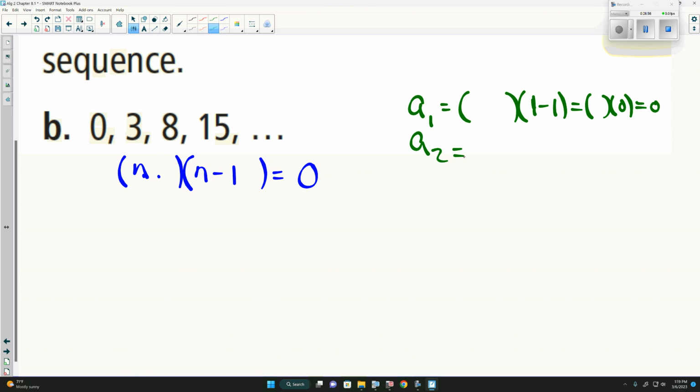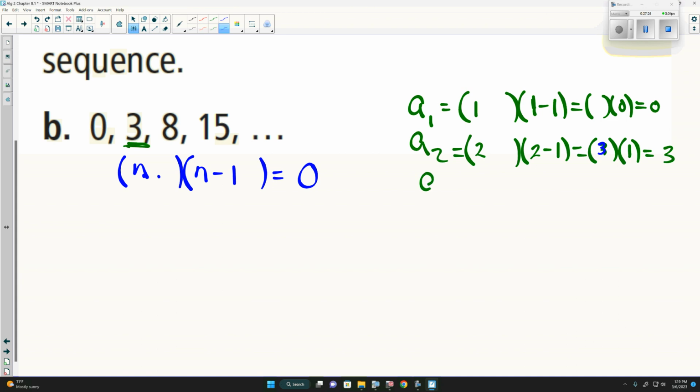It doesn't really tell us anything. But for a sub 2, we should have 2 minus 1, which is 1. But what should this give us? 3, yes? Well, what's the only way we can multiply something by 1 and get 3? It's only if this number is 3, yes?